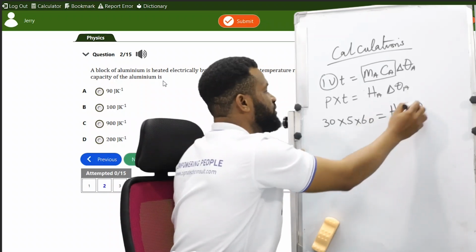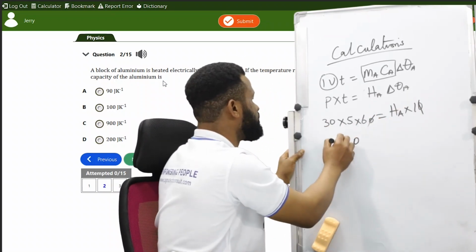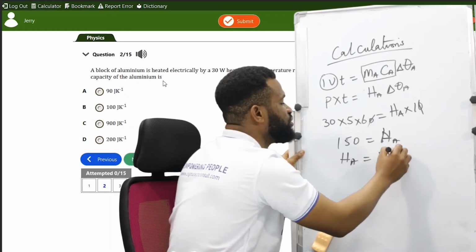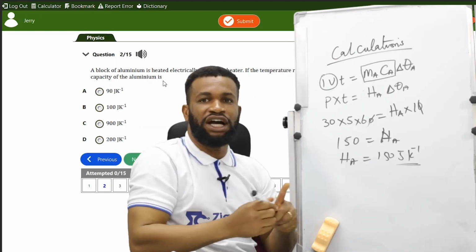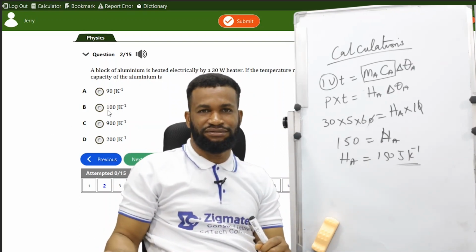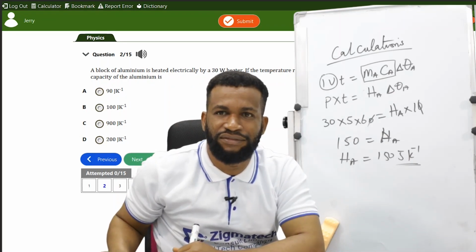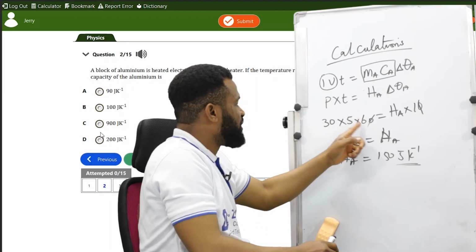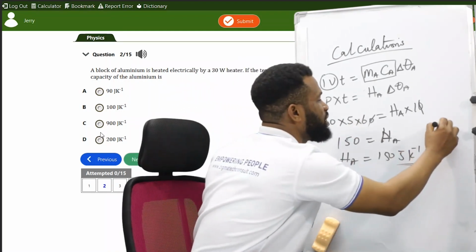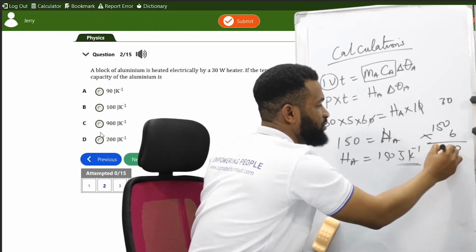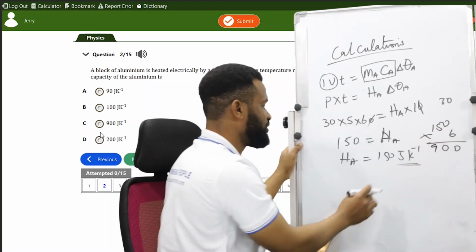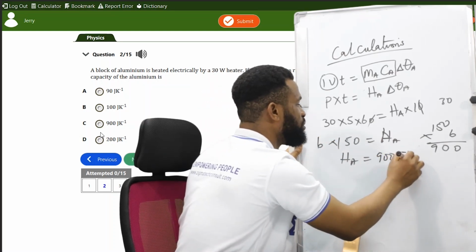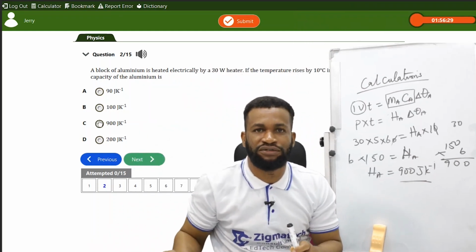So in this case, we cancel this, and 150 is equal to H_A. H_A is going to be equal to 150 times 6, which is 900 joules per Kelvin, and that is seen in option C.